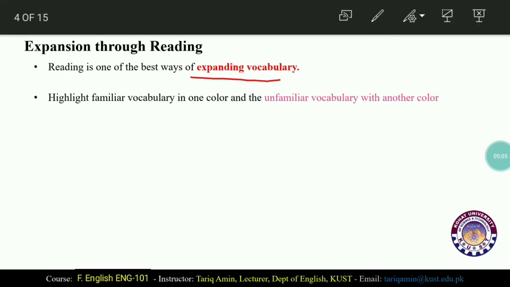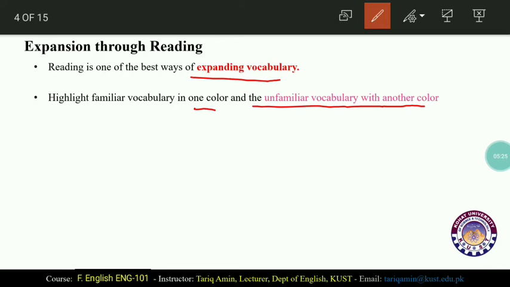Highlight familiar vocabulary in one color and unfamiliar vocabulary with another color. When you read a text, you need to do two things. You need to have two highlighters. When you come across a word that is familiar to you, you need to highlight it in one color.